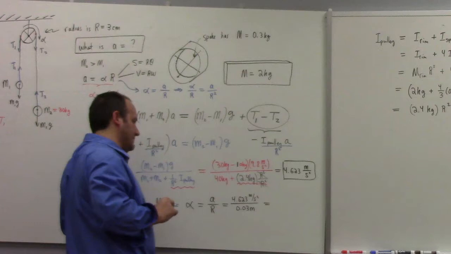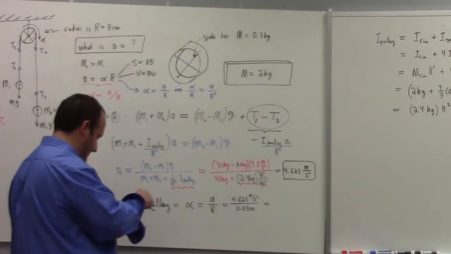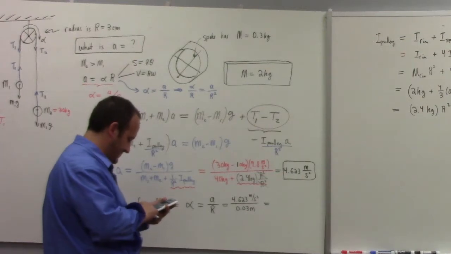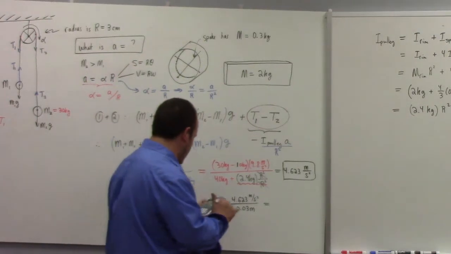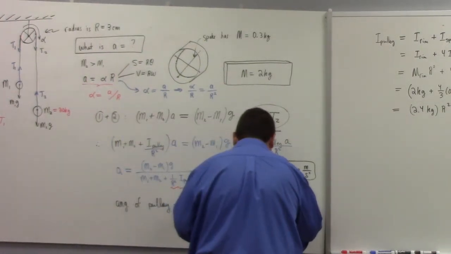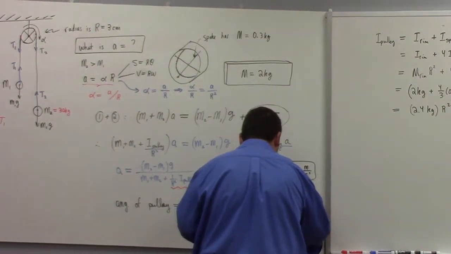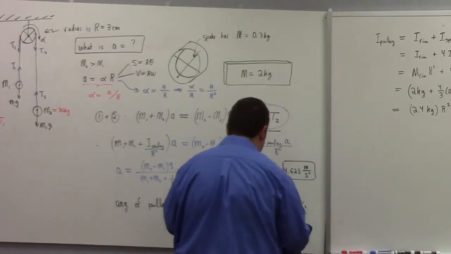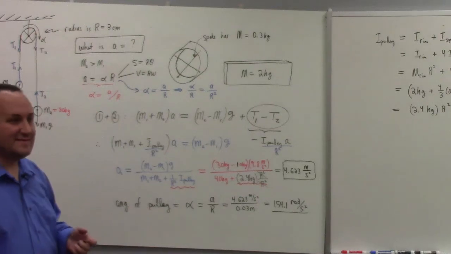And what's that give me? 154.1 radians per second squared. So that little pulley, it's really spinning pretty fast, isn't it?